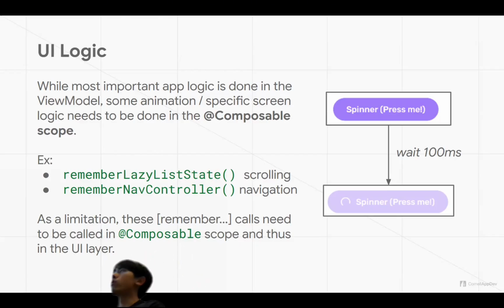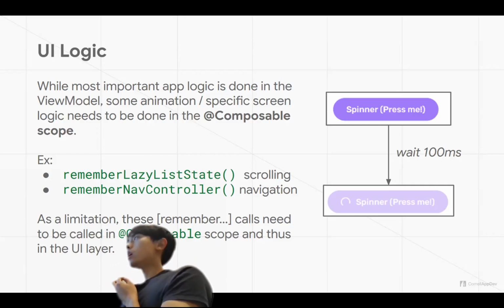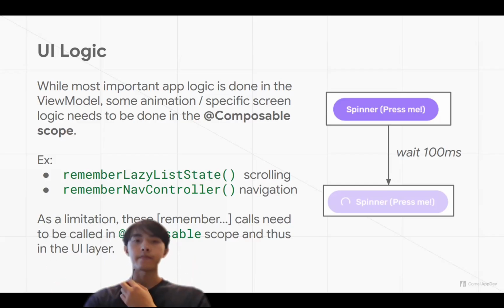Things like remember state can only be called in a composable function. Same thing with a nav controller for navigation. If you tried to call rememberNavController for your NavHost in anything but a composable context, it would throw an error. As a limitation, some functions need to be called in a composable layer, aka your UI layer, in order to be used.